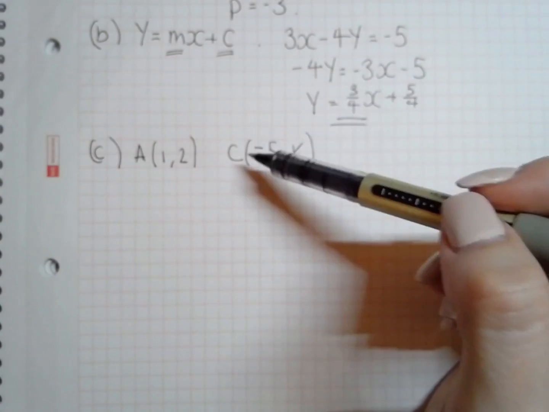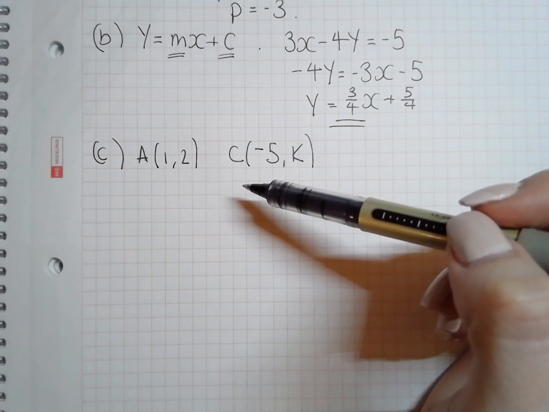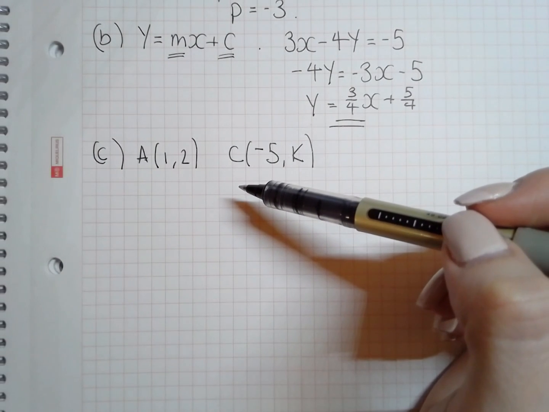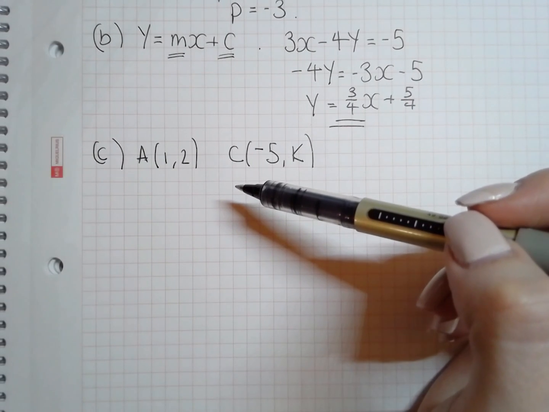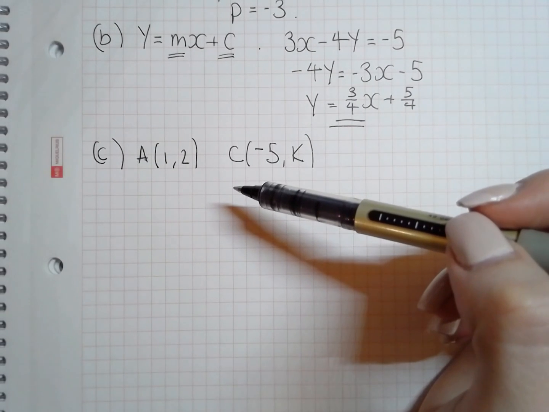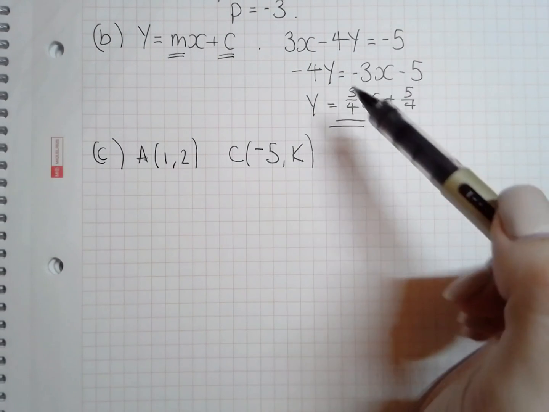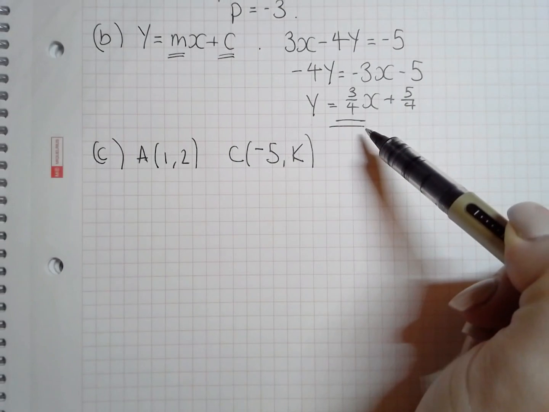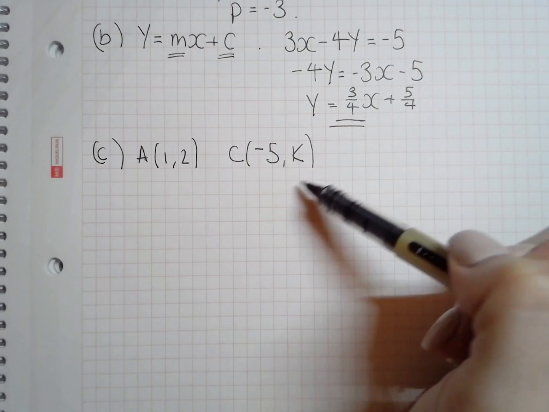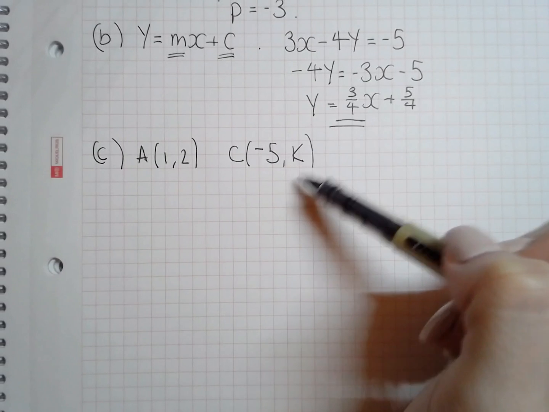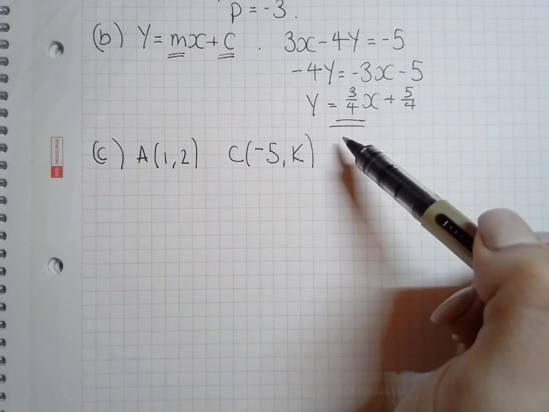Find the value of k. If two lines are perpendicular, we know that the gradients, when you multiply them together, equal minus 1. So we have the gradient for AB, and we want the gradient for AC.